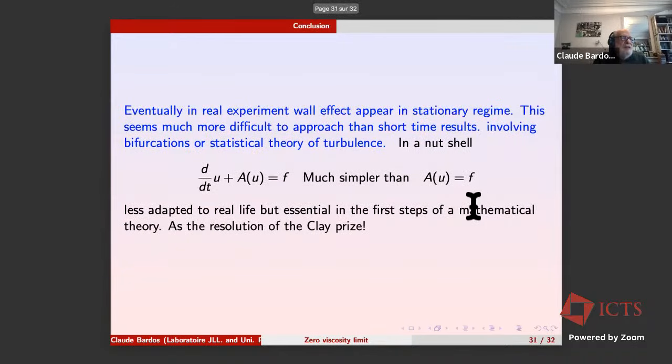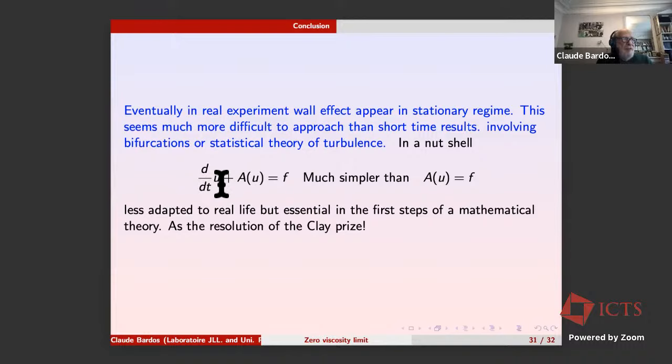Just one last comment I want to make is that what I have done, in some sense, where A will be the Navier-Stokes, is that I have analyzed the Cauchy problem for short time.